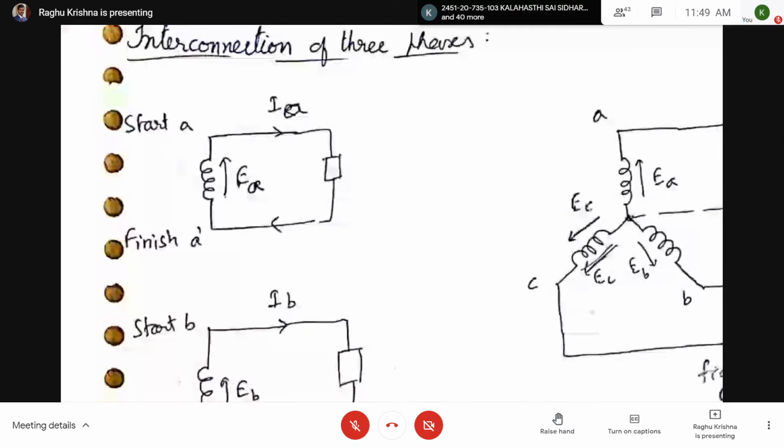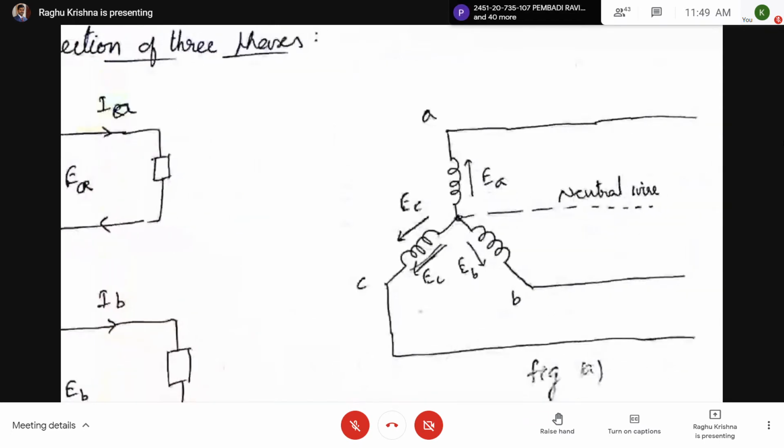Next, if the finish ends are connected together to form the neutral wire, and wires are drawn from A, B, and C, you get a three-phase system. This type of connection is called a star connection.